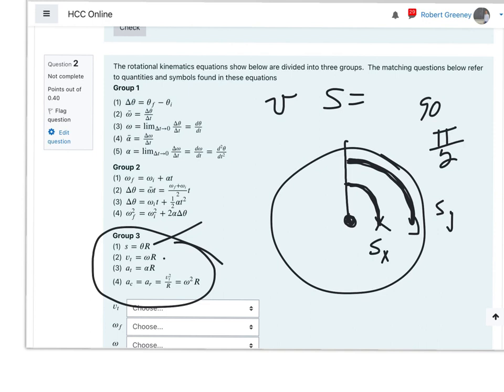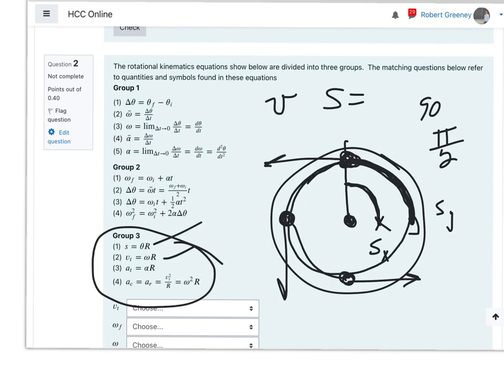And if we wanted to get the tangential velocity, the reason it's called tangential velocity, right, is that as this moves around, the direction of it at any instant is always tangent to the circle. And if it goes around at a constant velocity, then the tangential acceleration is 0. It's not speeding up or slowing down.